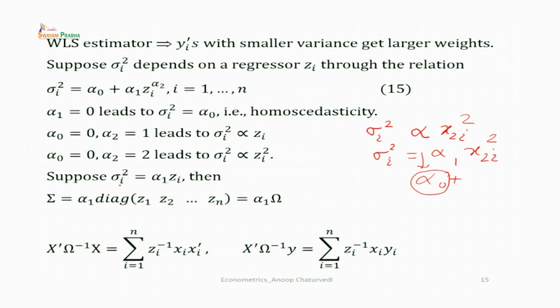Say for example, if sigma_i squared is equal to alpha_1 z_i, then capital Sigma is equal to alpha_1 into diagonal z_1, z_2, z_n, which is equal to alpha_1 omega. And in this case, X transpose omega inverse X is equal to summation i equal to 1 to n of z_i inverse x_i x_i transpose, and X transpose omega inverse y is equal to summation i equal to 1 to n of z_i inverse x_i y_i.